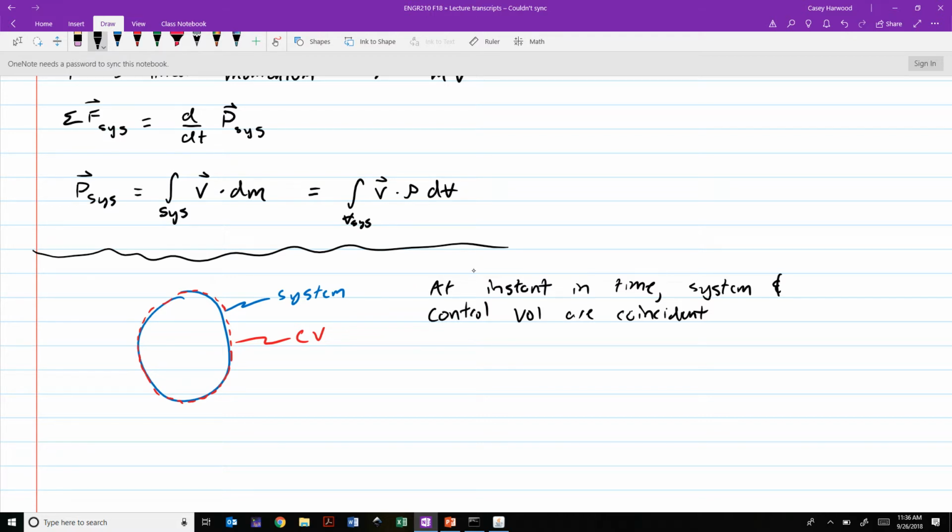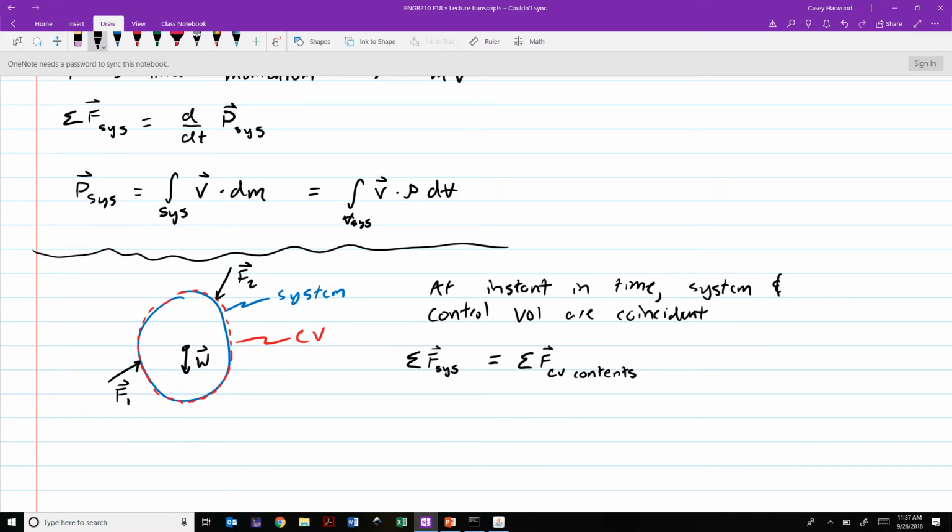So if the system has forces made up of maybe weight, force 1, and another force 2 over here, we can say the sum of the forces on the system is equivalent to the sum of the forces on the control volume contents.